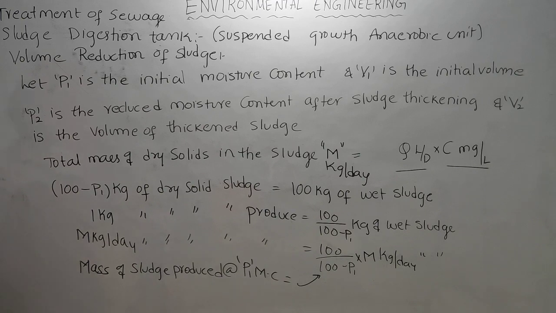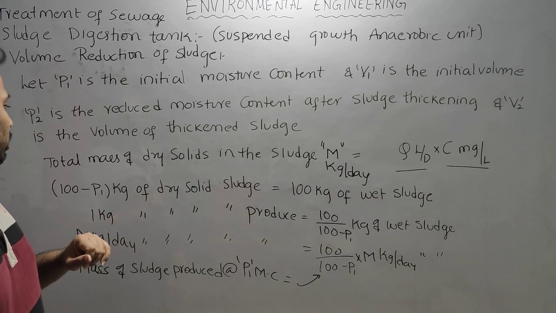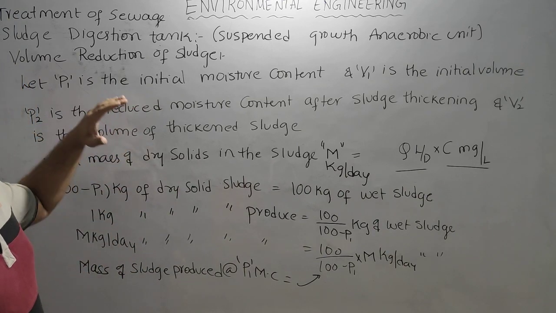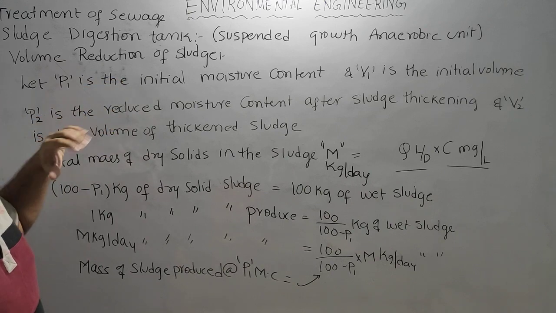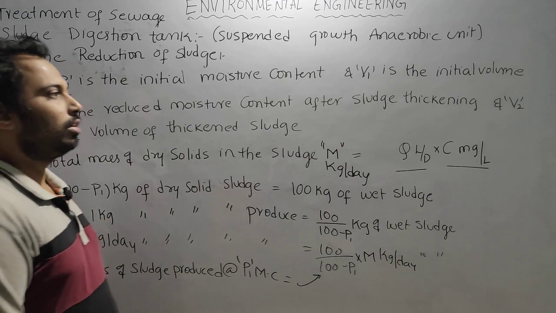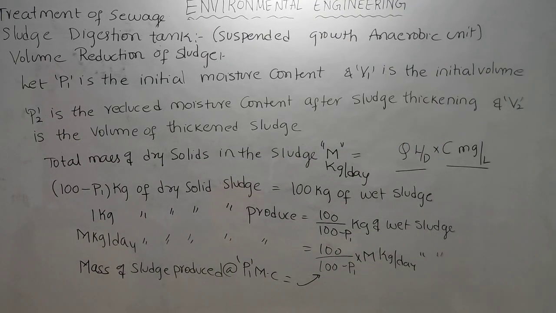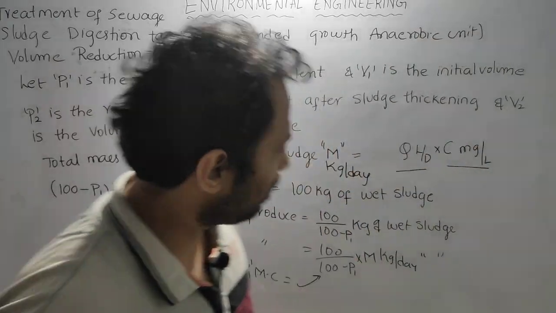Now one more point I would like to add: the solids, where are they coming from? They are coming from the sludge. Sludge is coming either from the primary sedimentation tank or from the secondary sedimentation tank. Sometimes in the examination, they will ask like this.